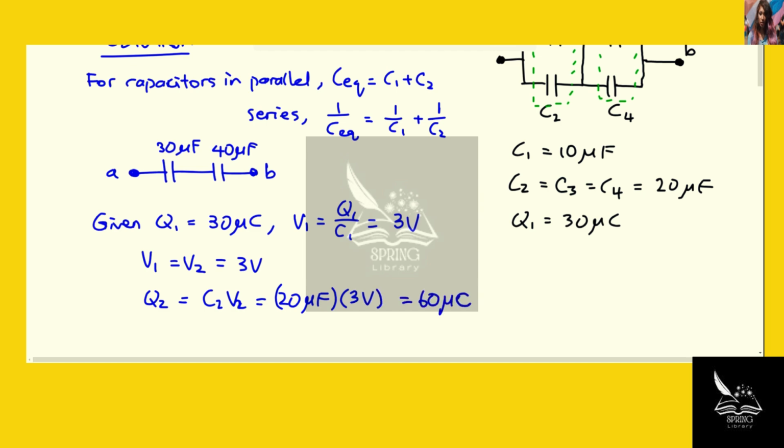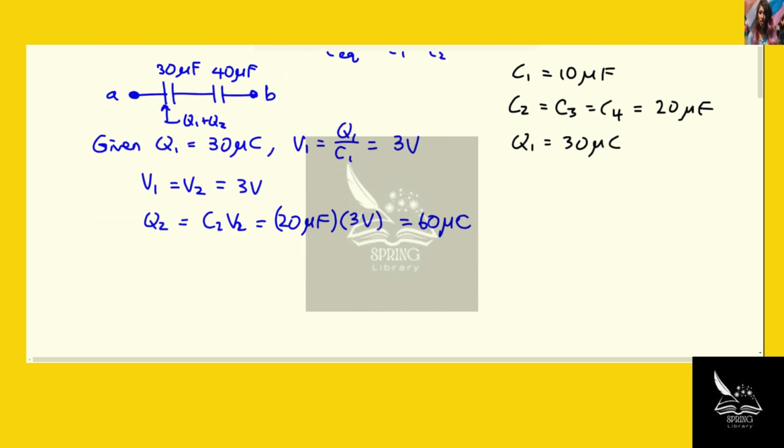Okay, so the charge in C1 and C2 is the charge in this 30 microfarad capacitor. So Q1 plus Q2 are stored inside here.